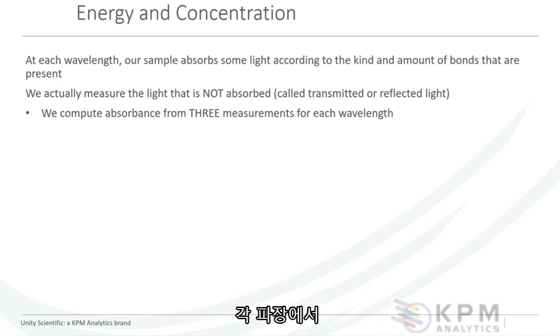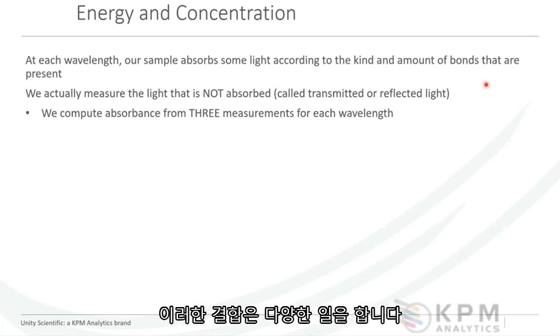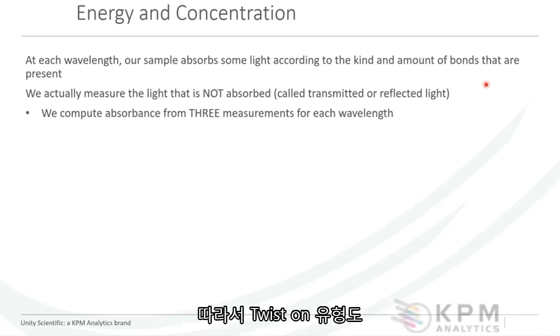So if we look at what's going on, at each wavelength, we've got an interaction with the light. Our sample absorbs light according to the amount of bonds that are present, and these bonds are doing various things. They're stretching, they're wiggling, they're rotating. So even for a specific bond type, there are various frequencies and wavelengths that are absorbing.